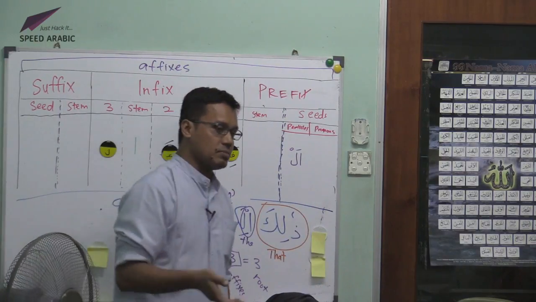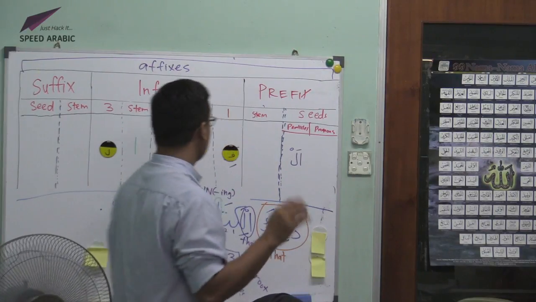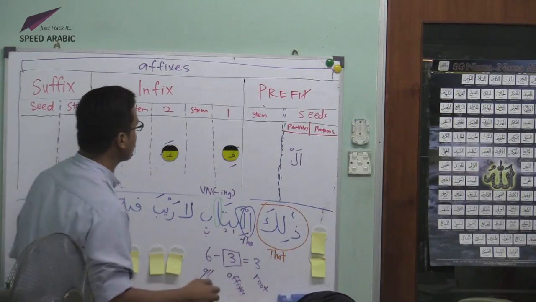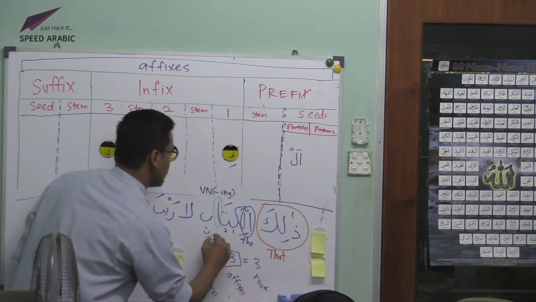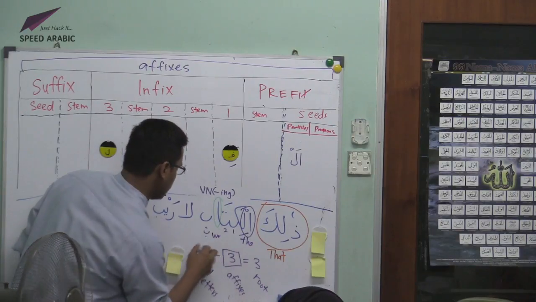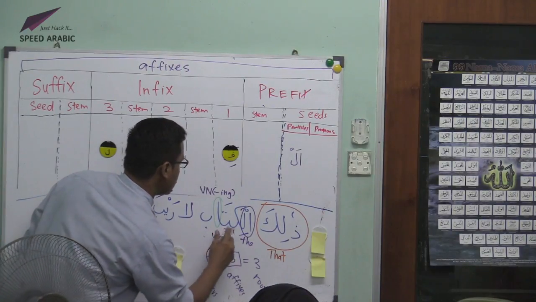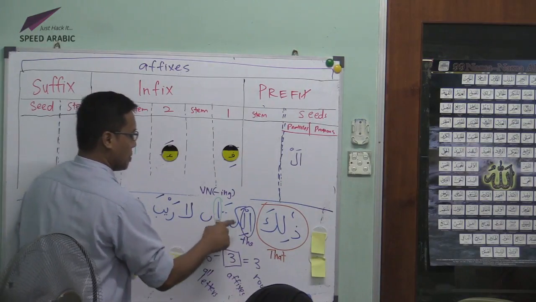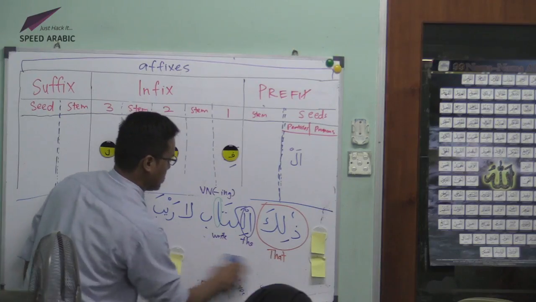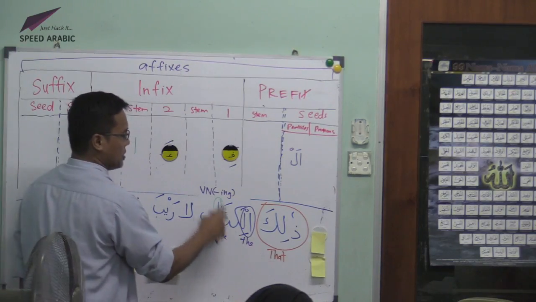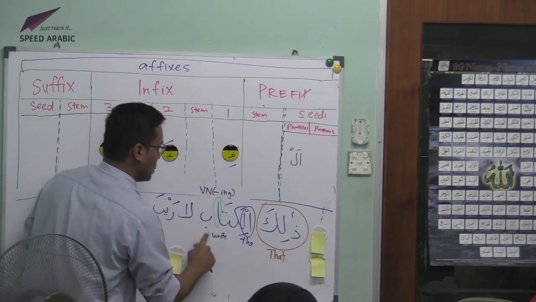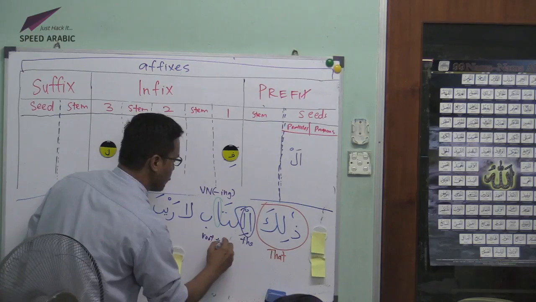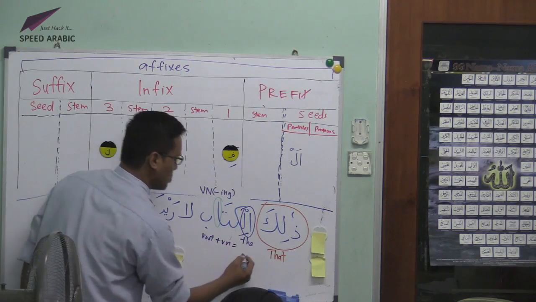So have you found the root meaning for kataba? What's the root meaning? To write. Okay, to write. So you just write here, write. And because the form of kitab is VN, the formula is like this: the root plus VN is equal to something.